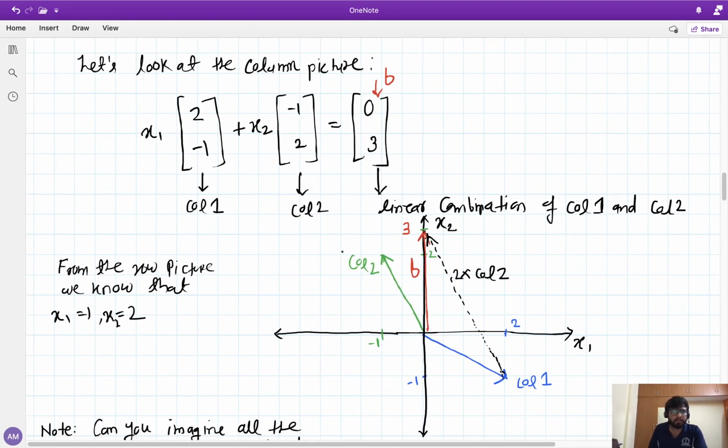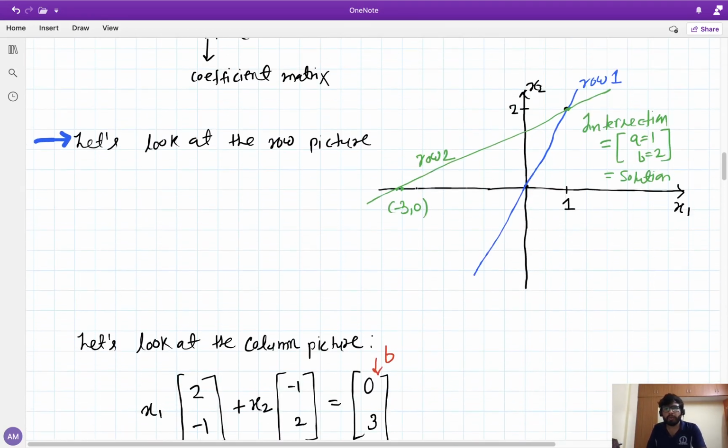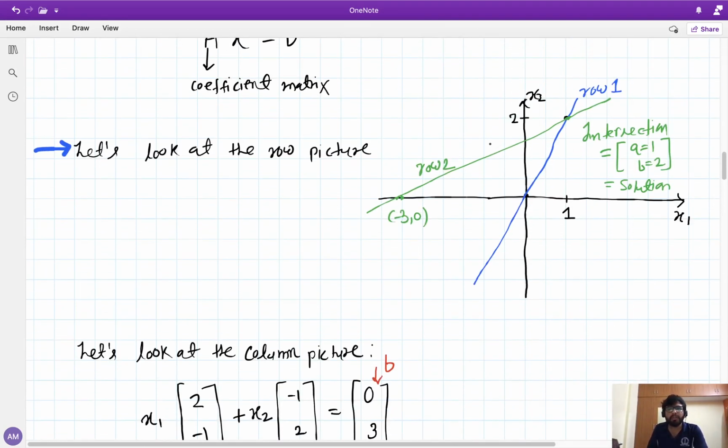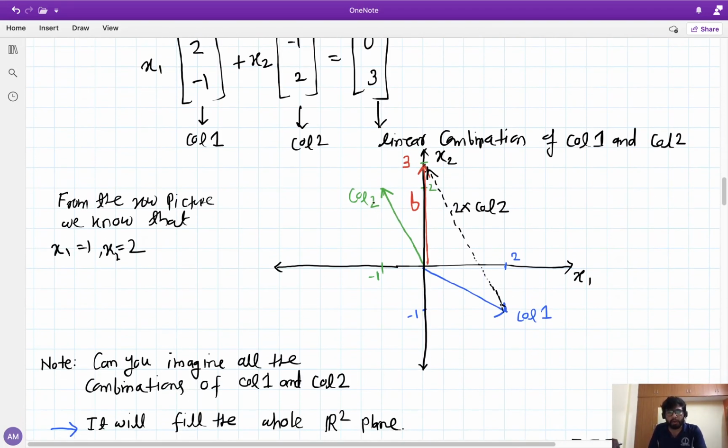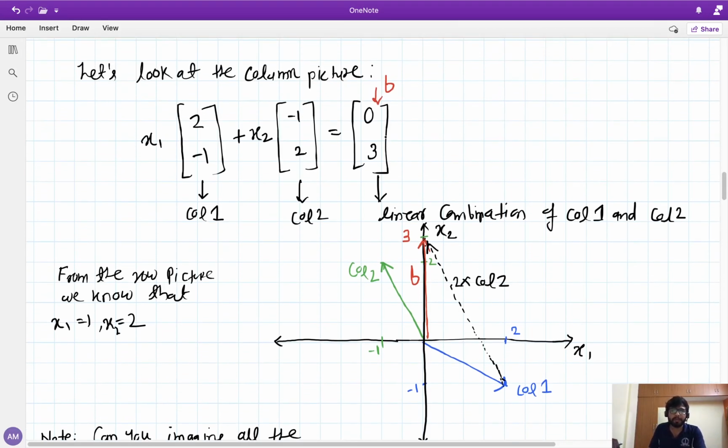From the row picture we saw that our solution is x1 = 1 and x2 = 2. So let's plug that in here and see what the picture is. If you take column 2, put it on top of column 1, taking twice of that, we reach a point here which is (0, 3), which is nothing but this red line, the right-hand side.